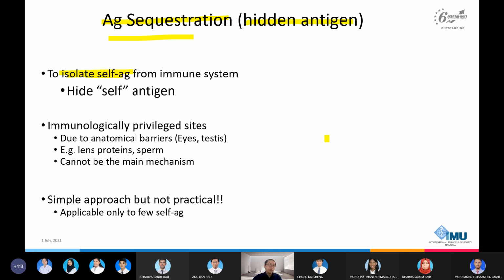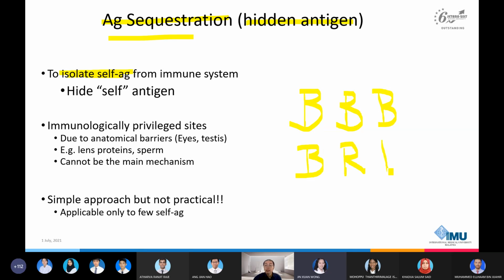Okay, ever heard of a blood-brain barrier? Ever heard of that? Yes, doctor. How about the blood-retinal barrier? Yes. Blood-testis barrier?